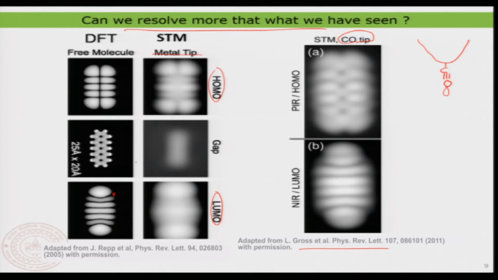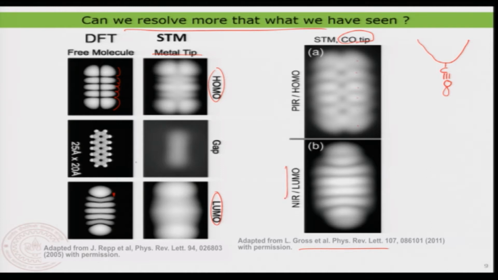That is exactly what you are seeing here. I have 1, 2, 3, 4, 5, 6, and that is exactly what you see here. You can almost count the same number of density of states, the same density as you would see in the theory. More striking is the LUMO of the molecule.